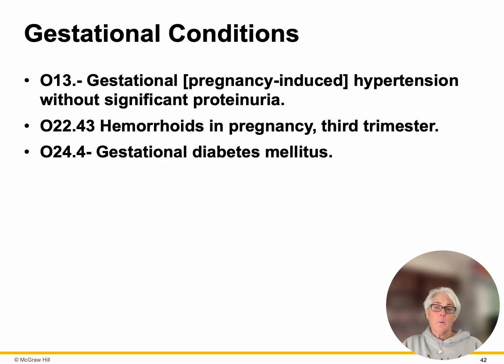I may also see codes like O22.43 for hemorrhoids in the third trimester. But I'm always going to ask, did this start during pregnancy or did the patient have this before? That answer determines whether I use a gestational code versus a pre-existing code.